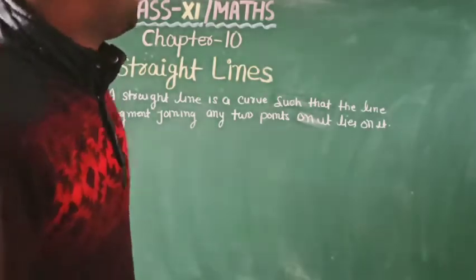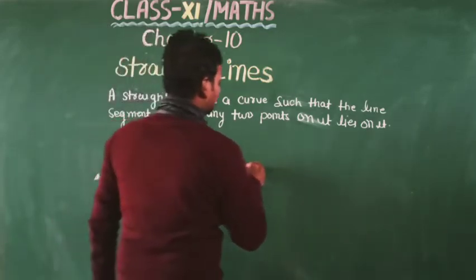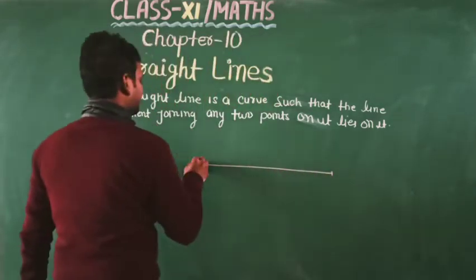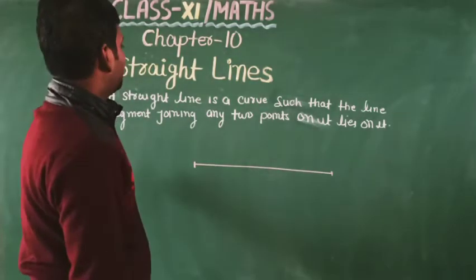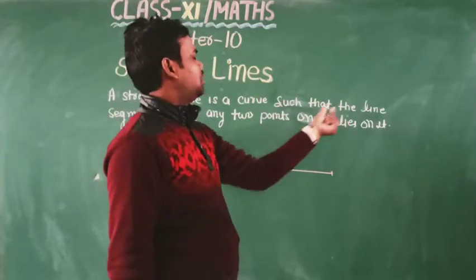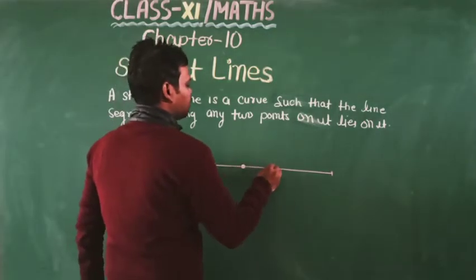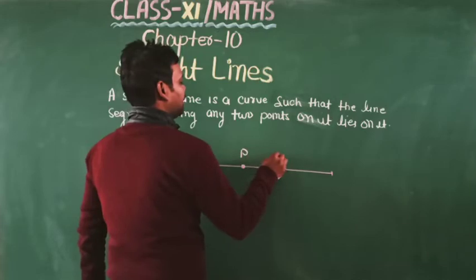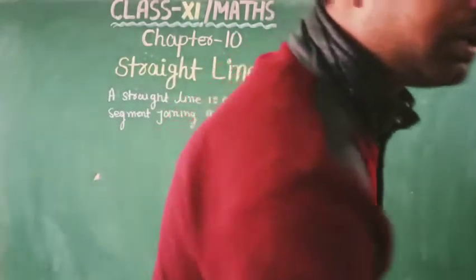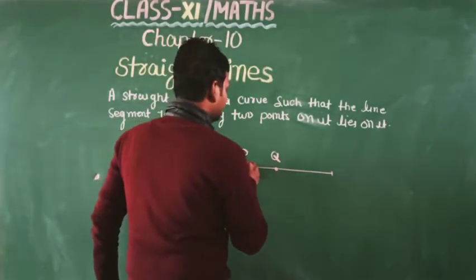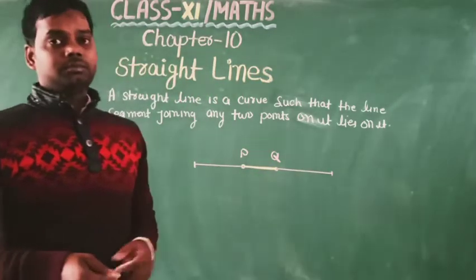From the definition of straight line, we can say that a straight line is a curve such that the line segment joining any 2 points on it, suppose these are the 2 points P and Q, and the line segment joining these 2 points also lies on it.